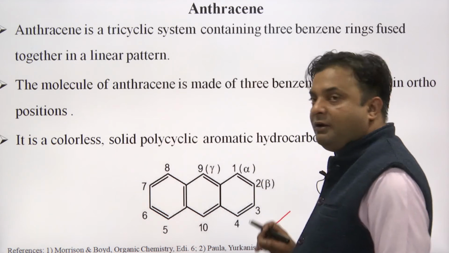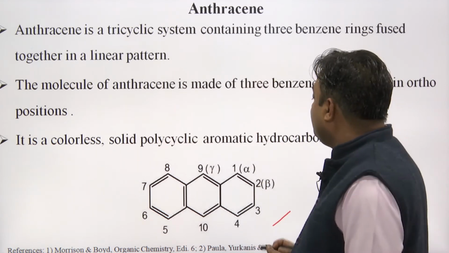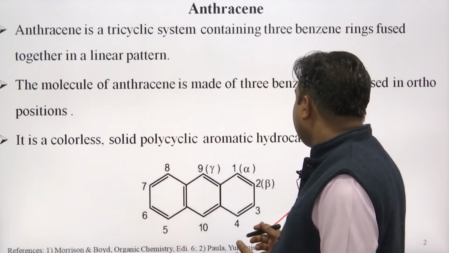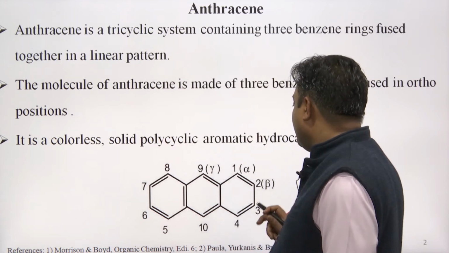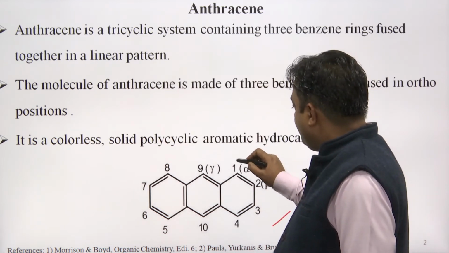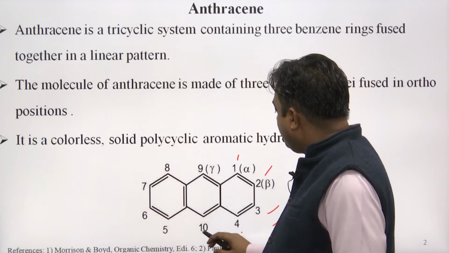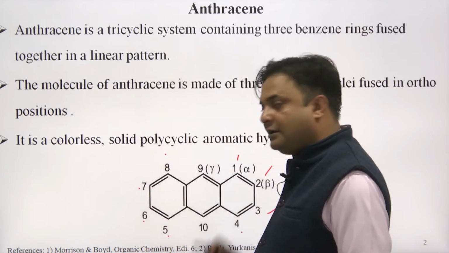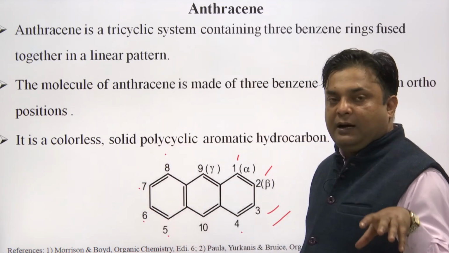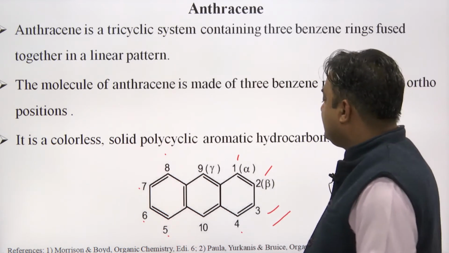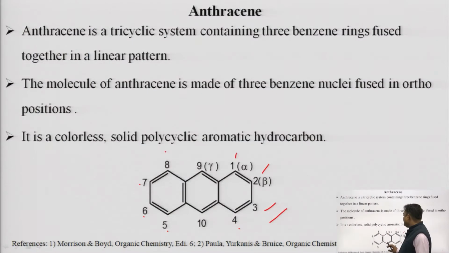When we go for the numbering of the carbons of anthracene, you can see 1, 2, 3, 4, 5, 6, 7, 8 after numbering the terminal benzene rings. Then we go for the middle ring, and we number them 9 and 10.